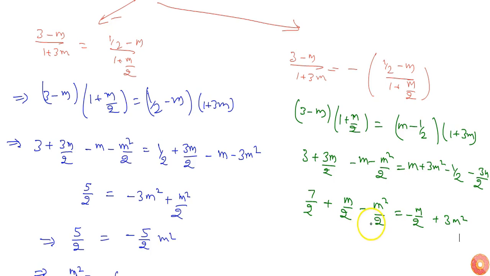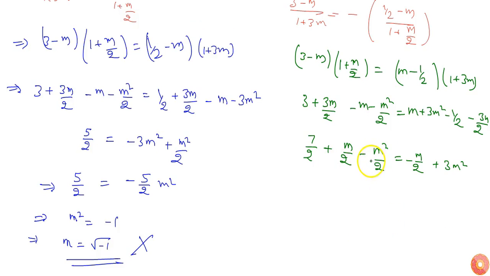So if I solve this, I'll get 7 by 2 plus m equals 3m square minus m square by 2. Sorry, it will be plus m square by 2.